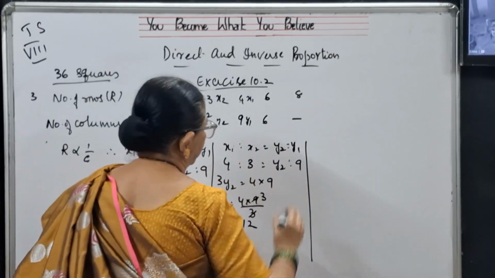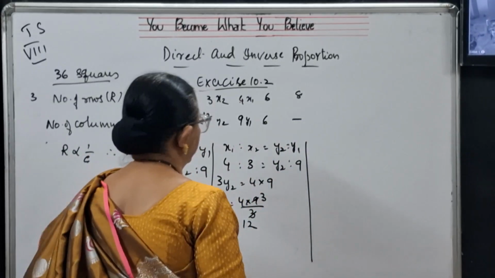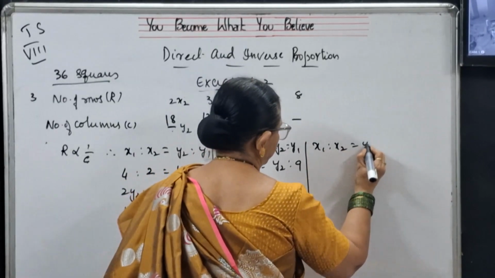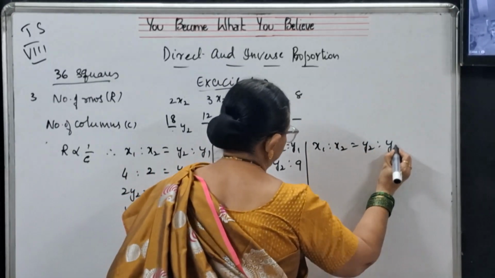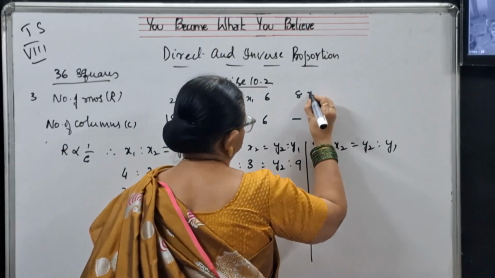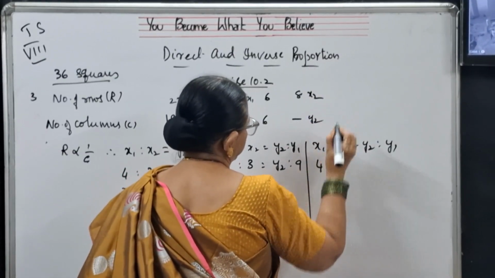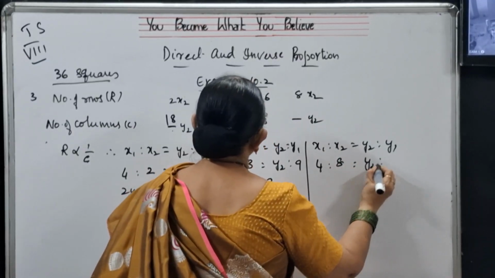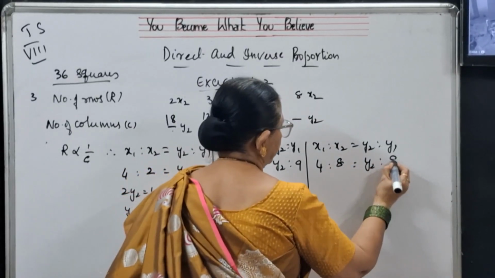You have got this 8 and dash. So again x1 is to x2 is equal to y2 is to y1. x1 is 4, this becomes x2, this becomes y2. 8 is equal to y2, we don't know, is to y1 which is 9.